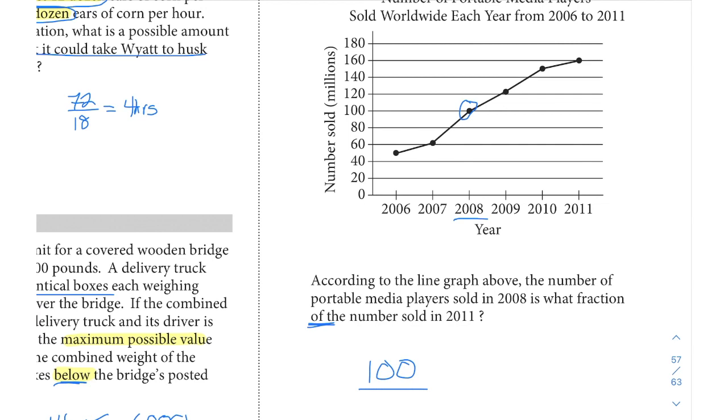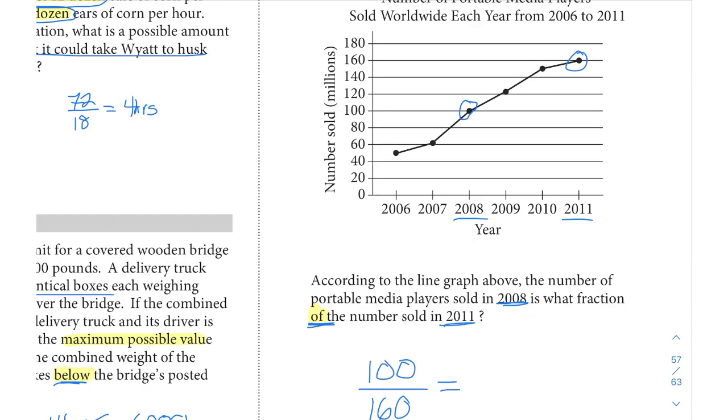So if you're not sure how to interpret that, just look for that keyword of. When you're talking about fractions, of lets you know that that's the piece that's going to be in your denominator. So 2011 will be our denominator here. We find that on the graph. That's a value of 160. And we have 100 over 160 as our fraction.